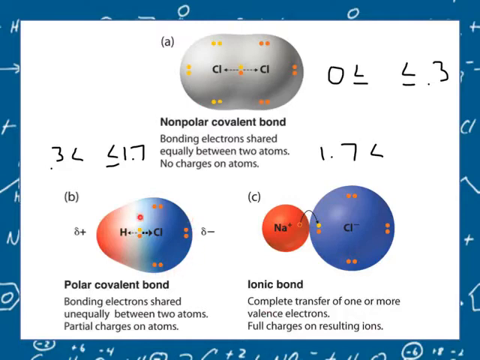Chlorine is the more electronegative atom, so the electrons in this bond spend more than 50% of the time around the chlorine atom and less than 50% of the time around hydrogen. This results in partial charges. A partial positive for the lower electronegativity atom, because the electrons are spending less than half the time here, and a partial negative for the higher electronegativity atom, because the electrons are spending more than half their time here.